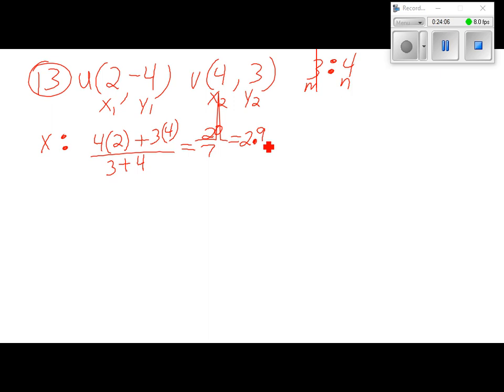Close enough. What's Y? The only thing that's going to change is the things in the parentheses, right? So 4 times what's Y1? Negative 4, plus 3 times what's Y2? Divided by 3 plus 4 still. What's on top?